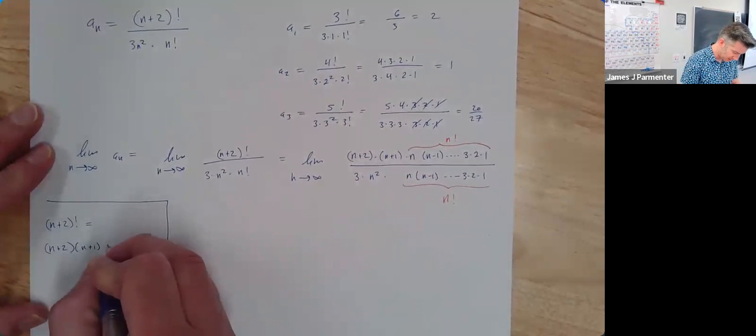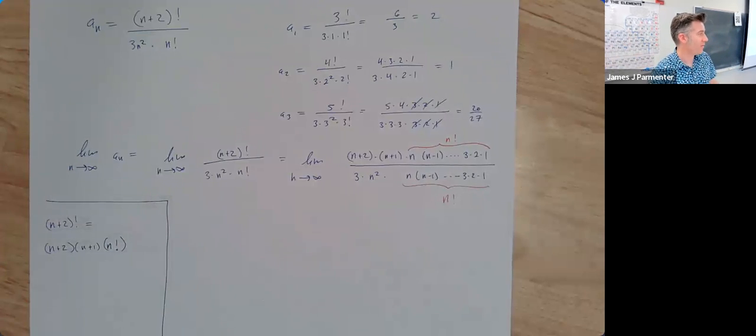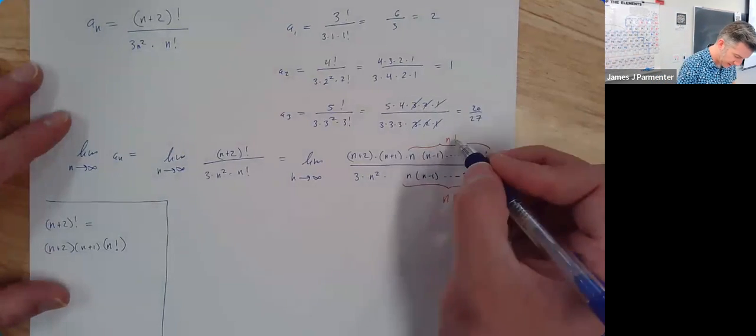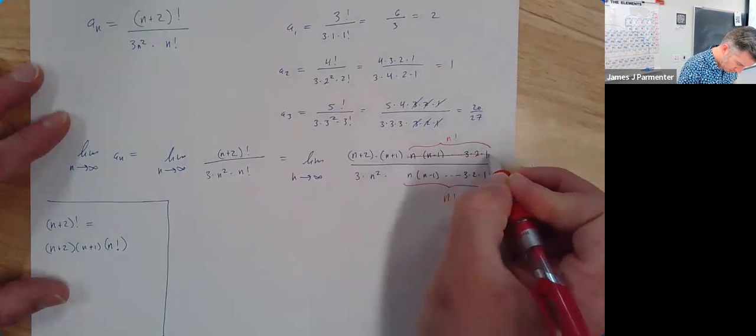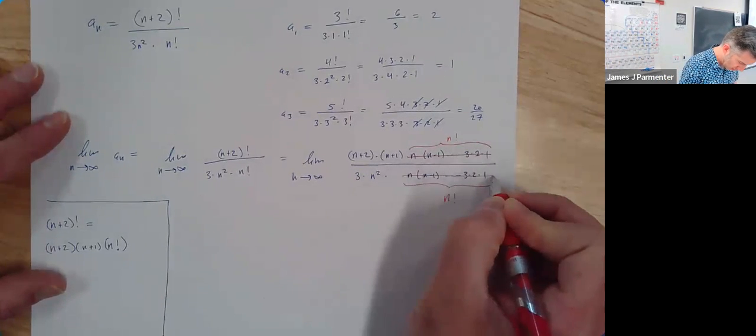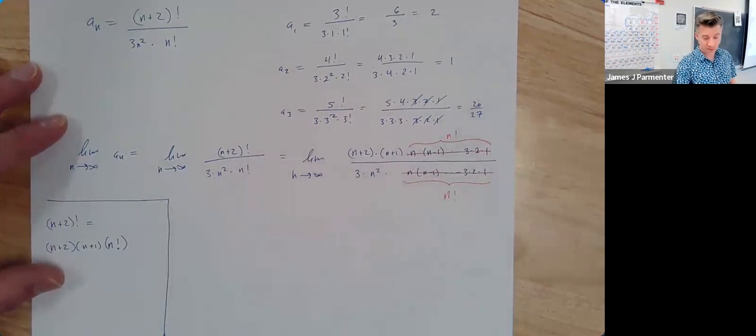But the rest of the terms is just n factorial. You can break off the first couple terms until you're left with the thing that you want to cancel. And this n factorial definitely does cancel with this n factorial. All those terms, n over n, n minus 1 over n minus 1, and so on, definitely do cancel out.